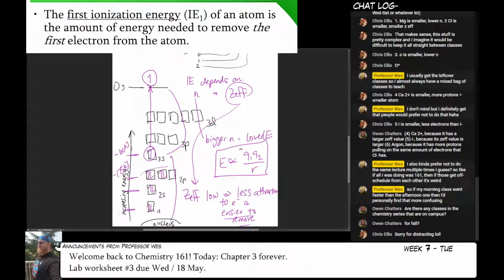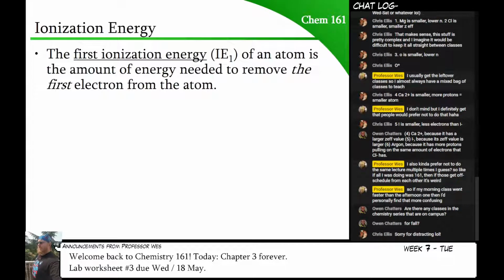So if I make this the nucleus and this the electron, which is always going to be the electron, I can make the nucleus's effect, or Z effective, as small as possible to minimize E. That's basically ionization energy.